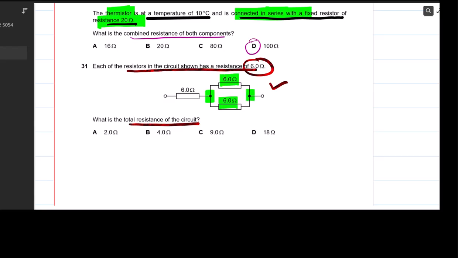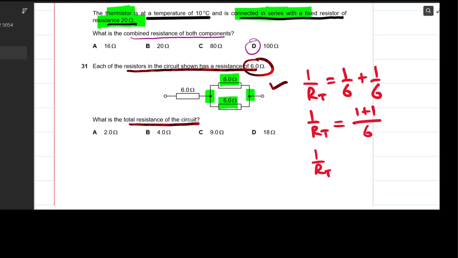We have to solve them by taking reciprocal, 1 over 6 plus 1 over 6, and then you can take the LCM. It becomes 1 plus 1 over R total. 1 over R total is equal to 2 by 6. Then R total is equal to 6 by 2, which is 3 ohm. Then this 3 ohm becomes in series with this.